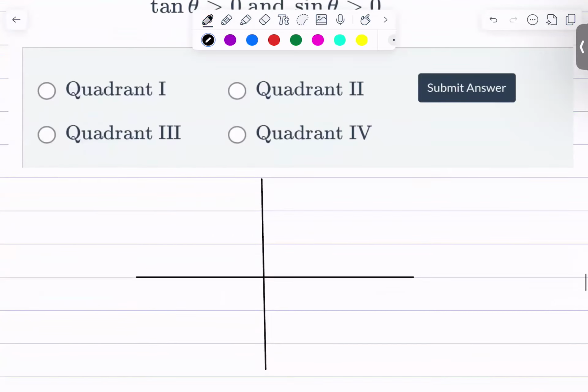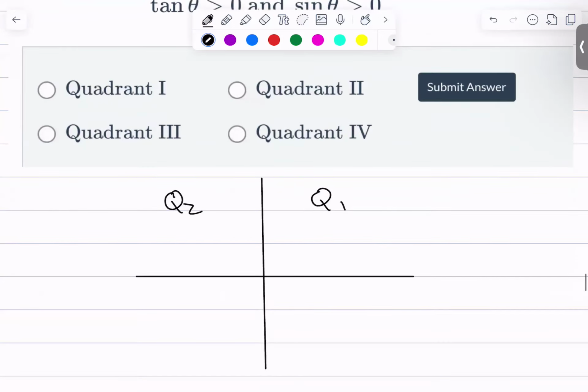What quadrant is sine positive? Quadrant 1 and quadrant 2, right? So I know quadrant 3 and quadrant 4 is not the answer, so you can eliminate those.